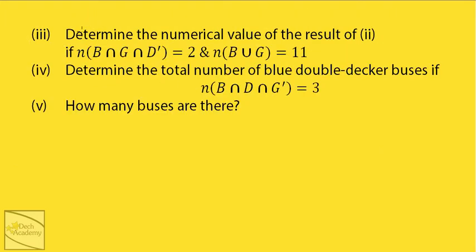Question 3 asks us to determine the numerical value of the result of question 2. The number of blue and German buses that are not double-decker is 2, and the number of buses that are blue or German is 11. So what does this mean? Well, let's take it step by step.